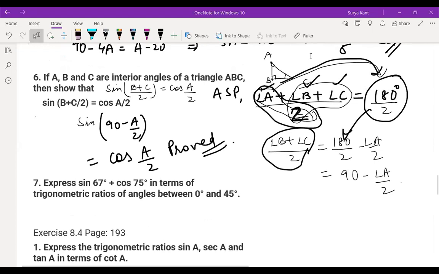Sir, how did sine come? Sine is already there in the question. This is a part of the question, and we have to prove this part.